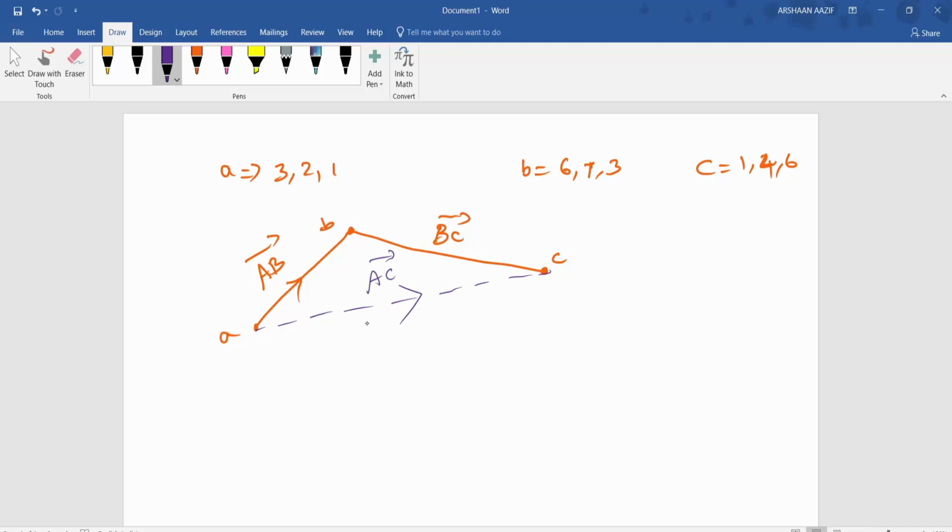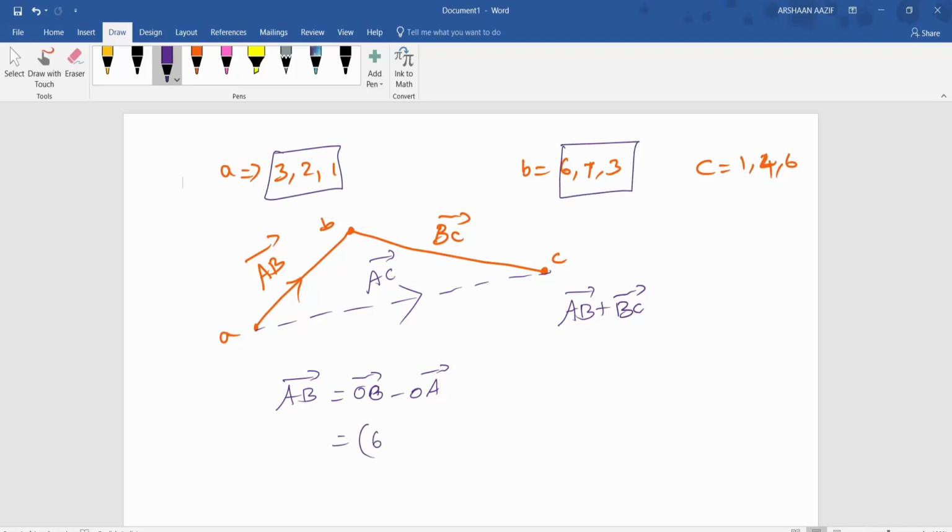Now to find this, I am finding the addition of two vectors, that is AB vector plus BC vector. Let me find this. So to find AB vector, I should find OB minus OA vector. That is my position vector this minus my position vector this, which is 6i plus 7j plus 3k minus 3i plus 2j plus k.